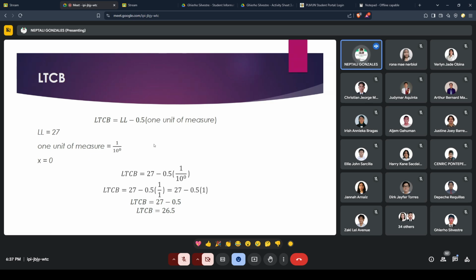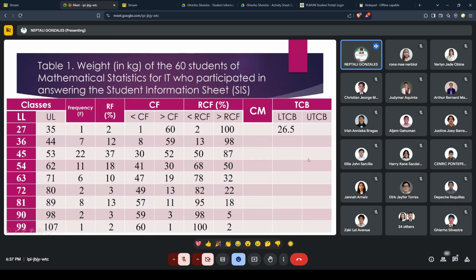It just so happened that the data are all in whole numbers. So if that is the case, all you have to do is to subtract 0.5. So your lowest true class boundary is equal to 26.5. Same procedure. Your lower limit of the second class is 36 minus 0.5.